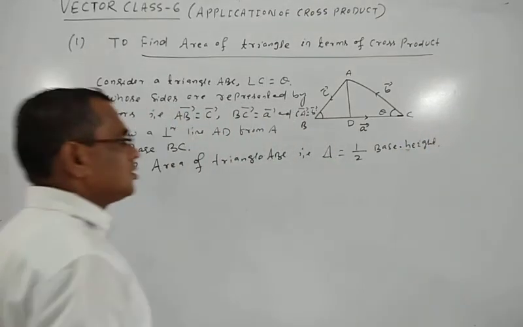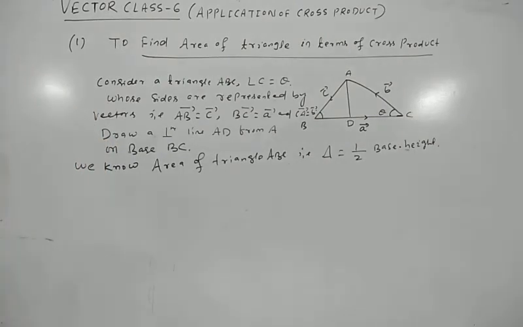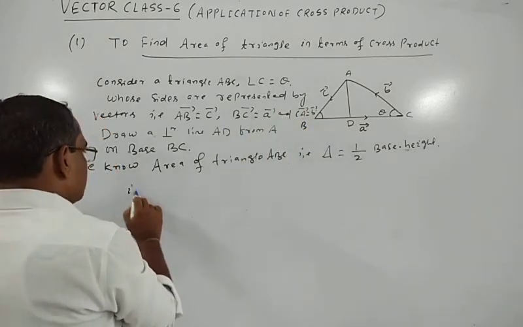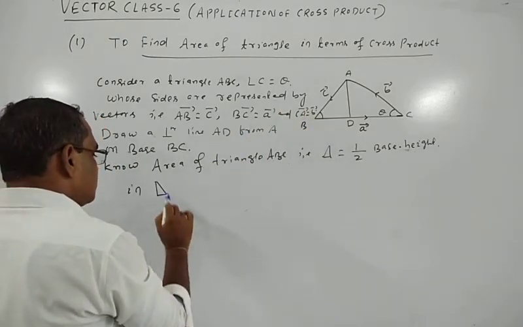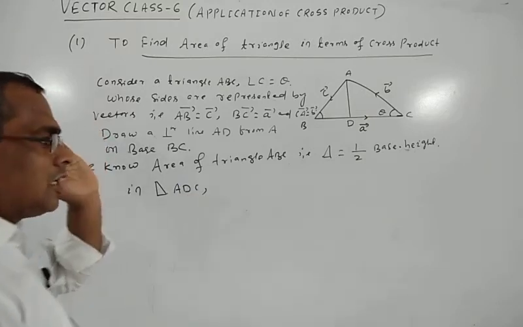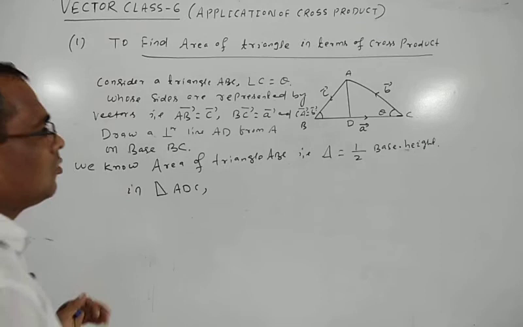So base is equal to magnitude of BC vector and AD is the height. In the right angle triangle ADC, what is sin theta?